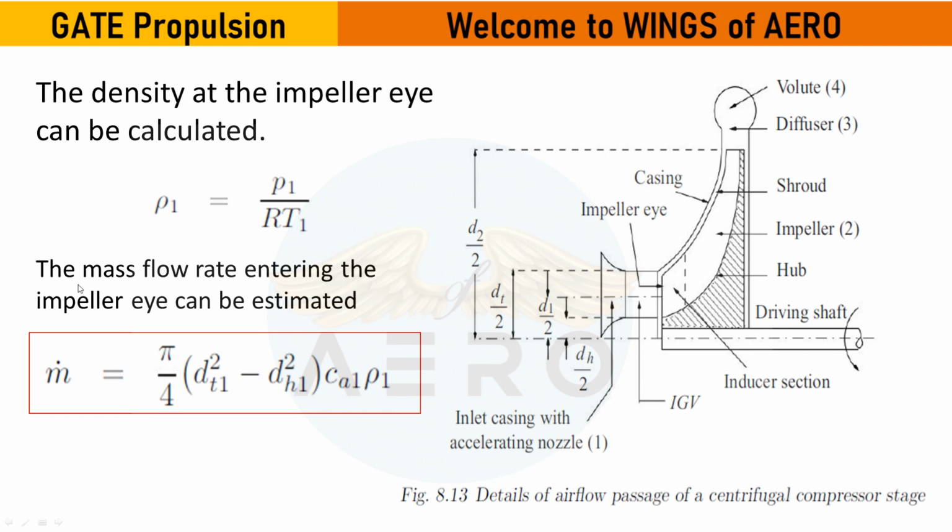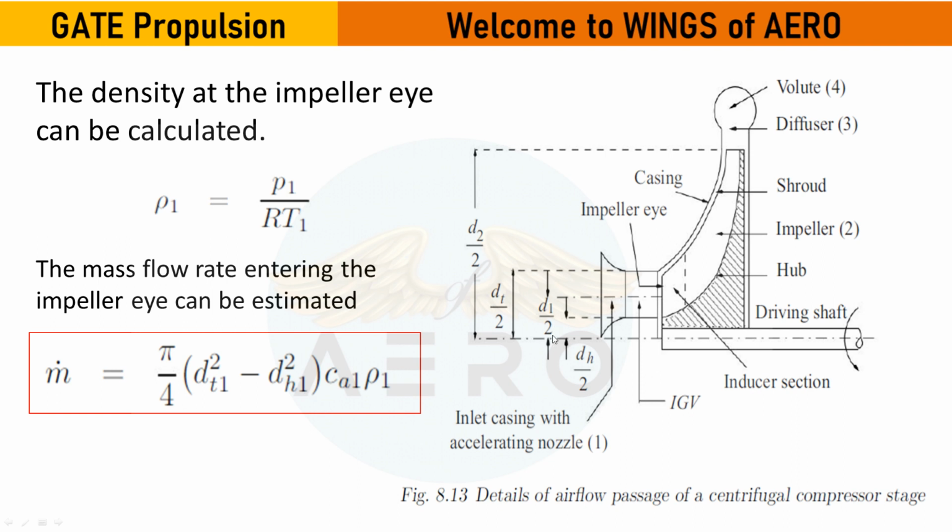Now, how can we find the mass flow rate of the fluid entering the centrifugal compressor, through the impeller eye or whatever they have mentioned? This is the general formula: m dot equals pi by 4 times (d_T1 squared minus d_H1 squared). What is T1?